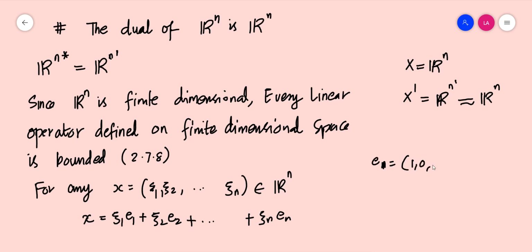E1 is 1, 0, 0, etc., 0. E2 is 0, 1, 0, etc., 0. En is 0, 0, etc., 1. This is the standard basis.